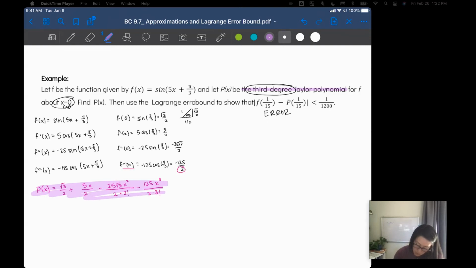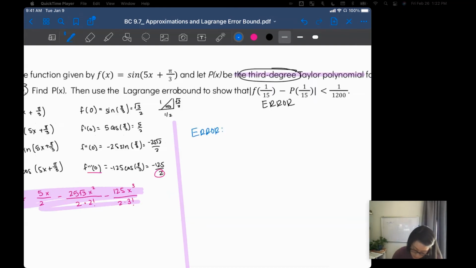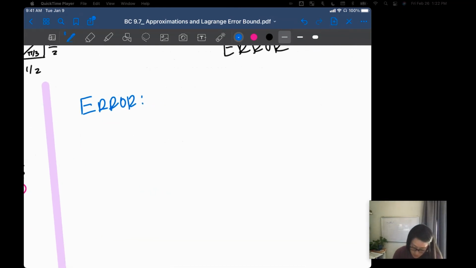Okay. And now we're going to show the Lagrange error bound is less than 1 over 1200. So the max error is equal to the maximum value of the first unused derivative.